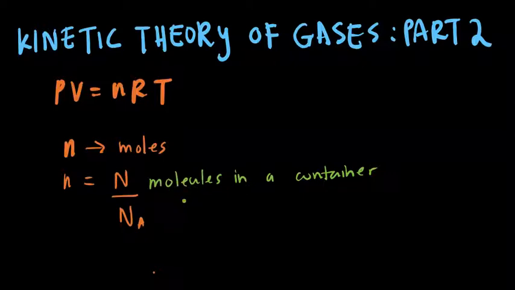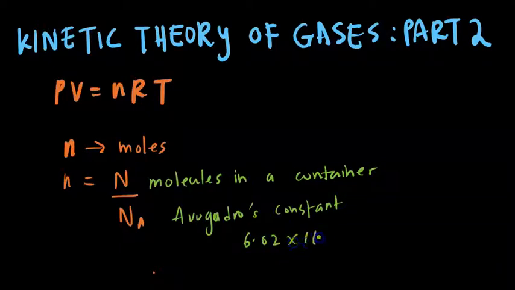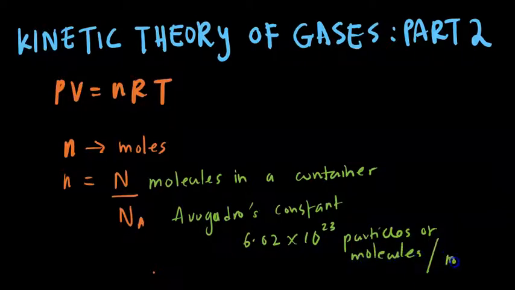It's not the avocado, it's Avogadro. Avogadro's constant, which is 6.02 times 10 to the 23 particles or molecules, and this is per mole.